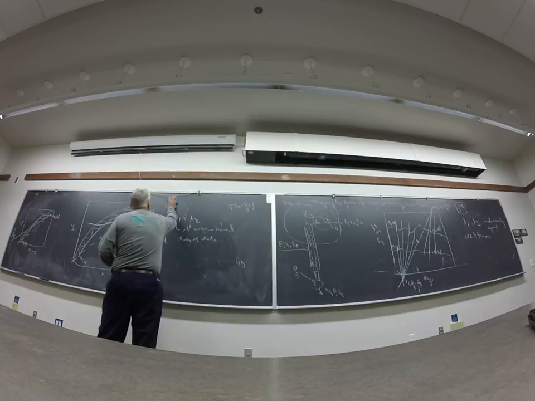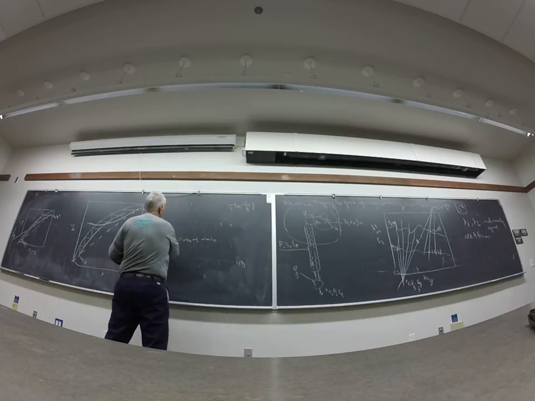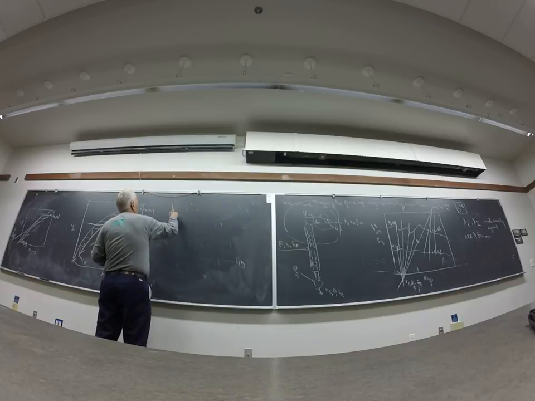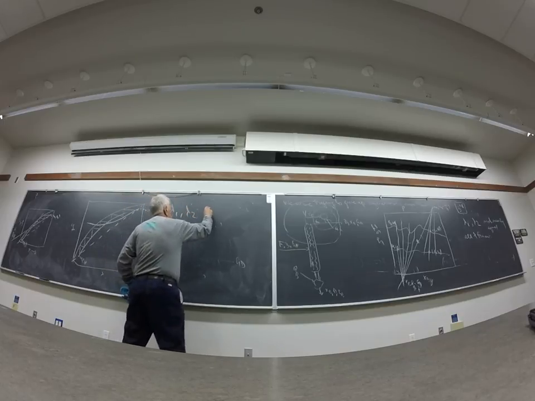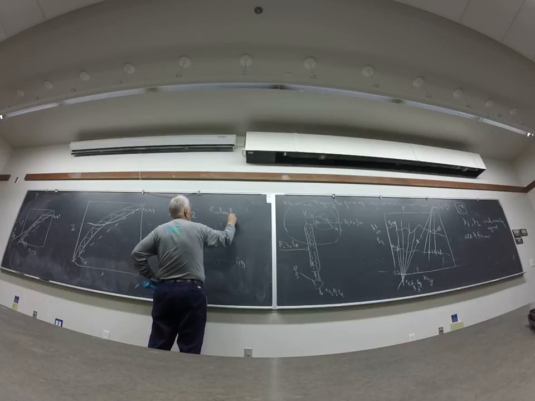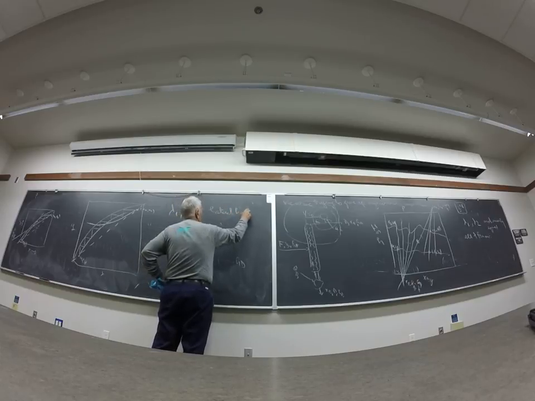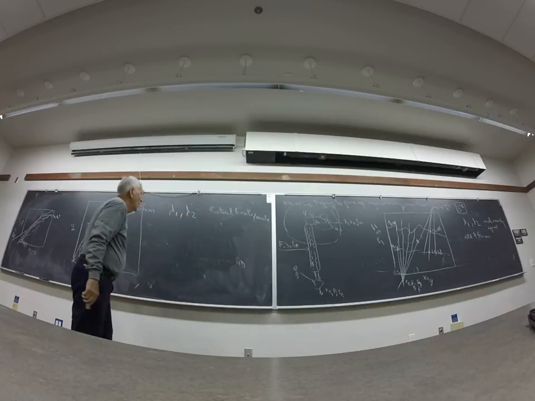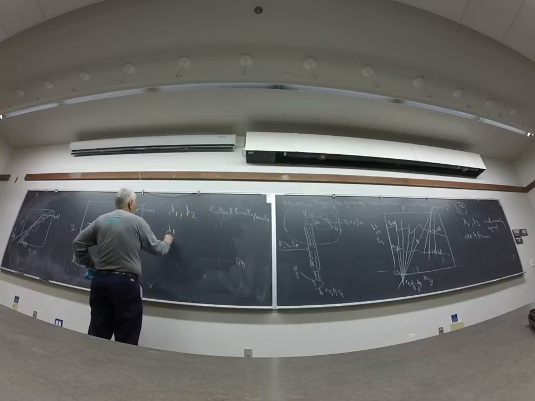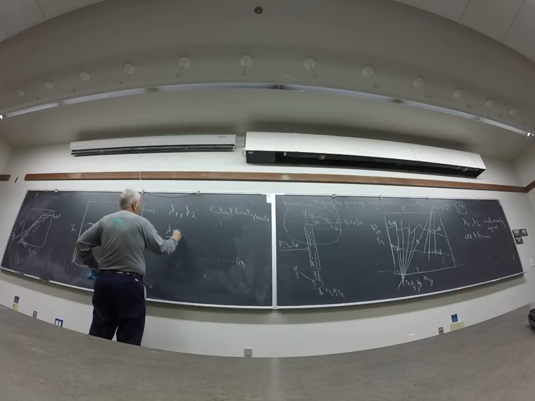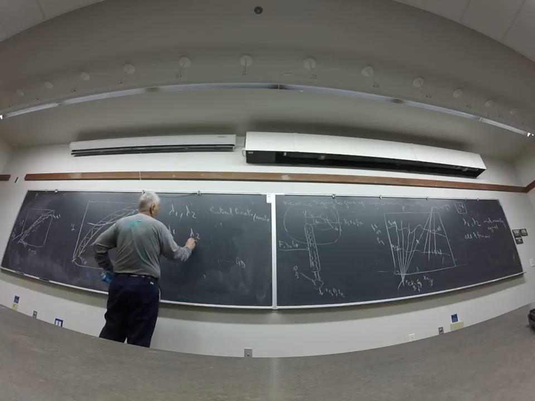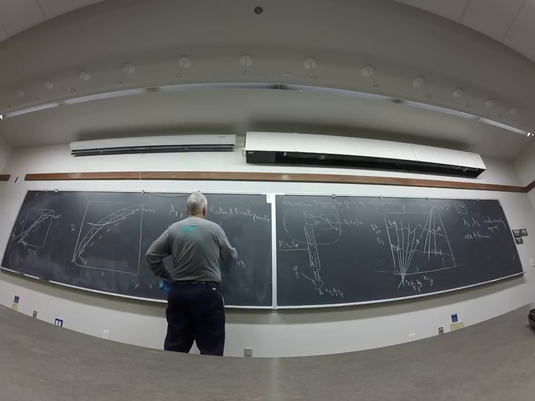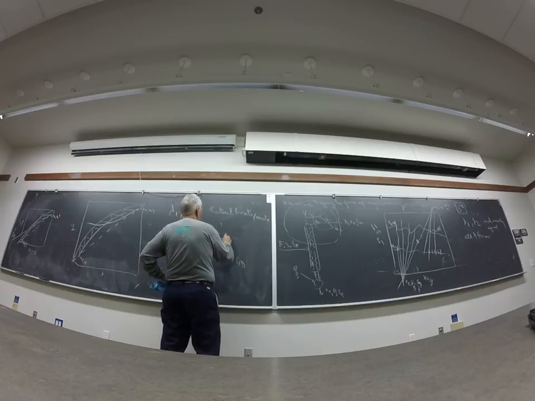So that's the move. So I am going to say, look, I've got these latent heats, lambda 1 and lambda 2. Lambda 1 and lambda 2, these are latent heats per mole. I will divide them by their molecular weights. These are now latent heats per pound. Latent heats per unit mass.